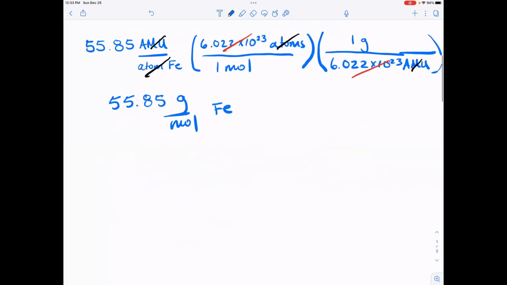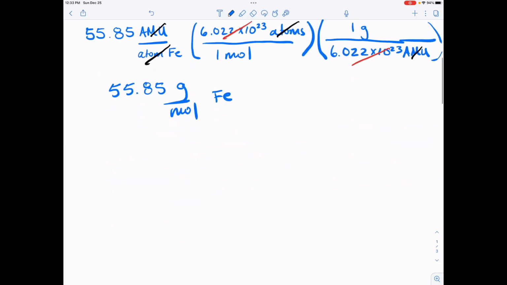The next thing we can do is ask, how can I use this? Let's say we had X grams of iron.